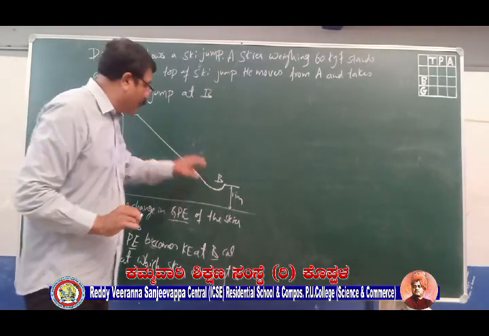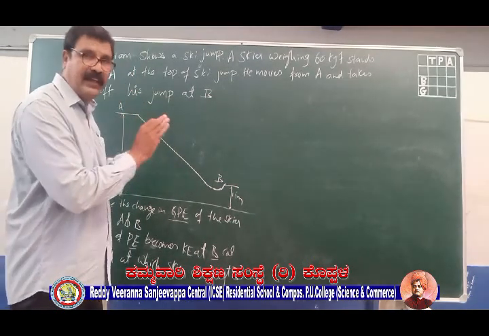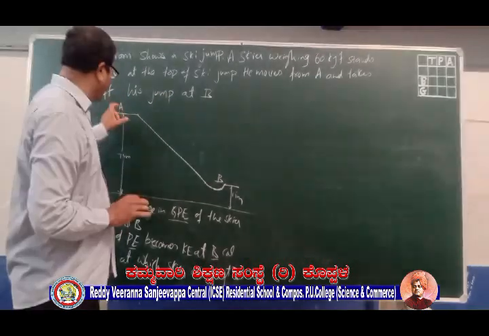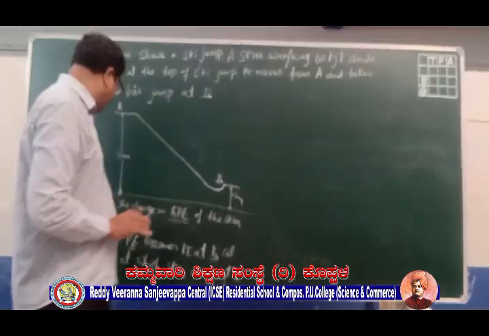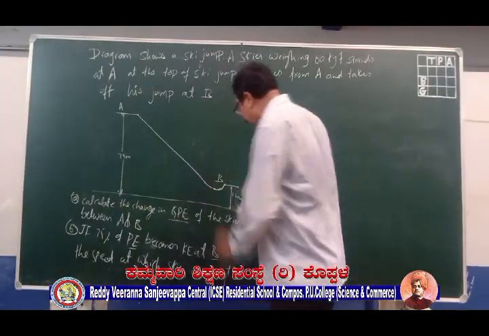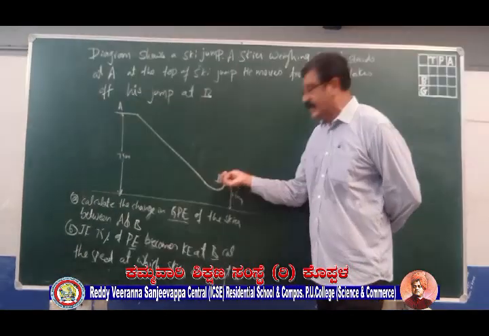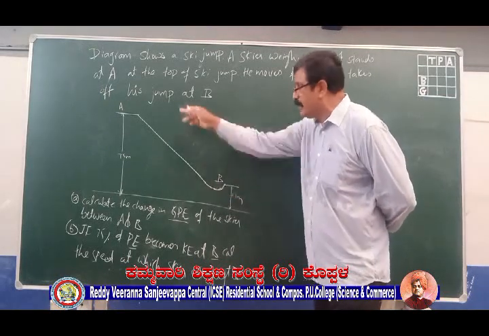As the skier runs down, that potential energy will get converted to kinetic energy. He says 75% of this potential energy will get converted to kinetic energy. He is asking us to calculate the speed of the skier here.